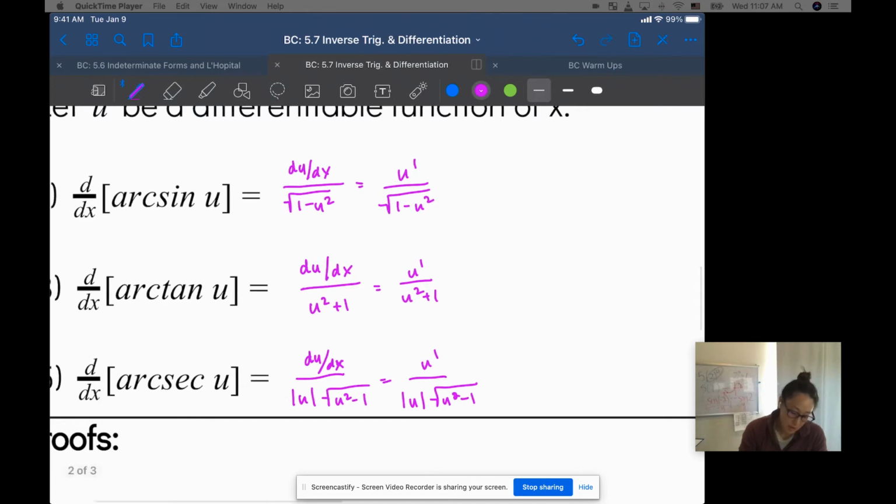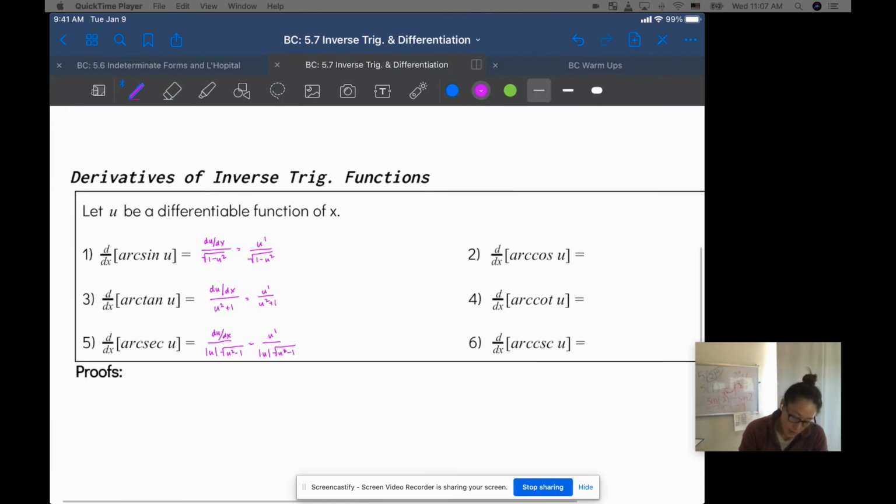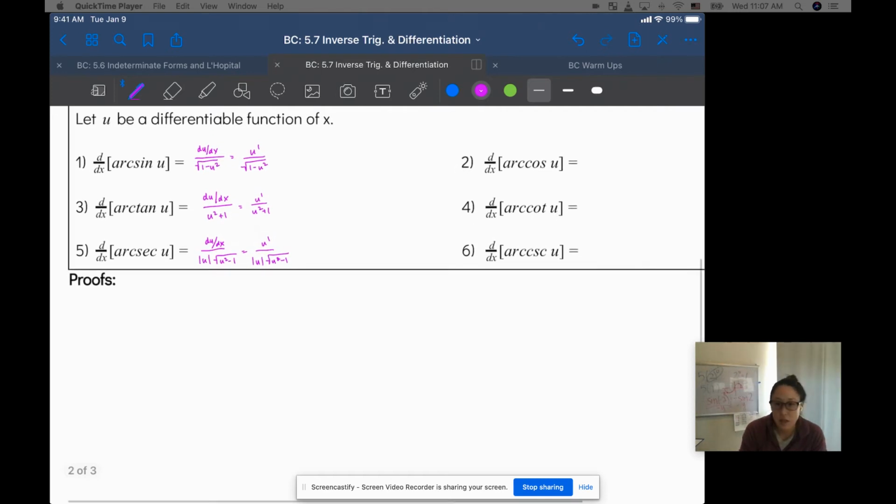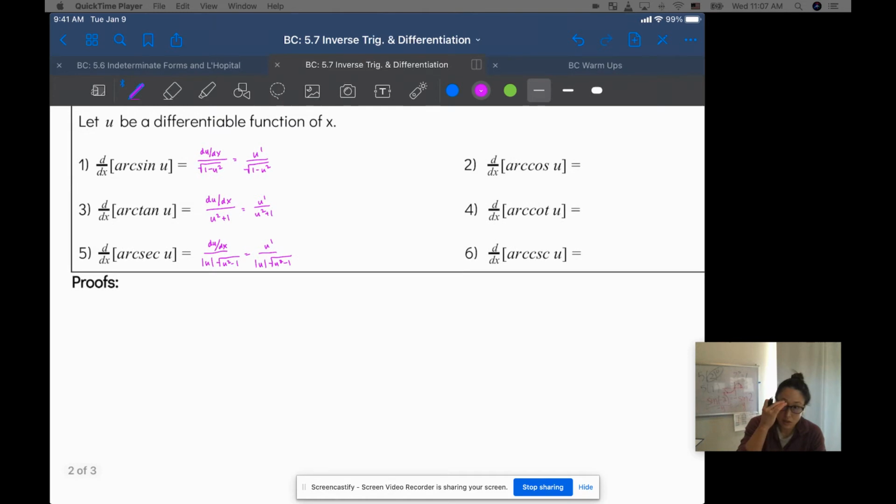All right, now let's talk about arc cosine, arc cotangent, and arc cosecant. The derivative of arc cosine of u is the same as arc sine of u, but negative. So it's negative du over dx over the square root of 1 minus u squared, which is also negative u prime over the square root of 1 minus u squared.